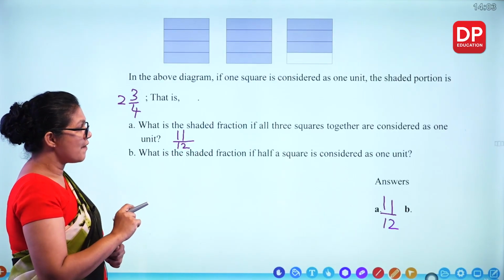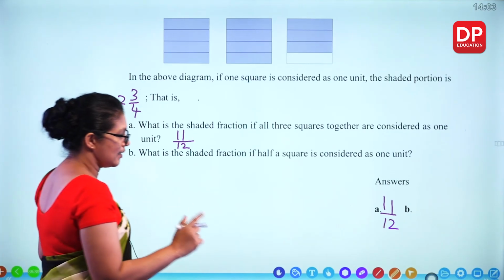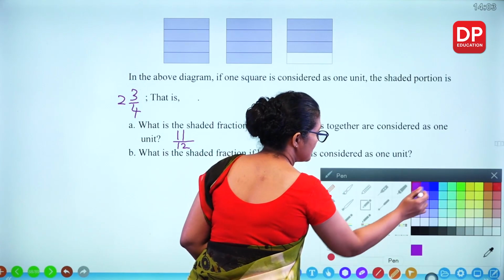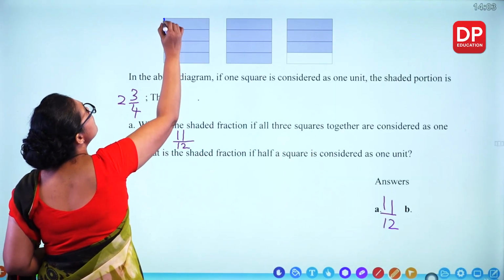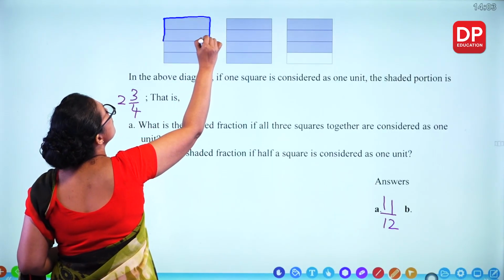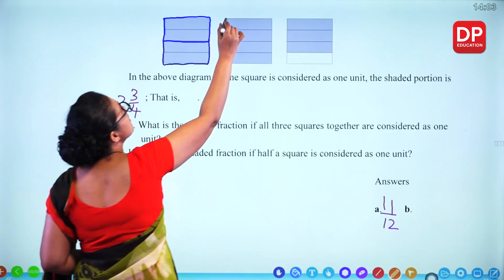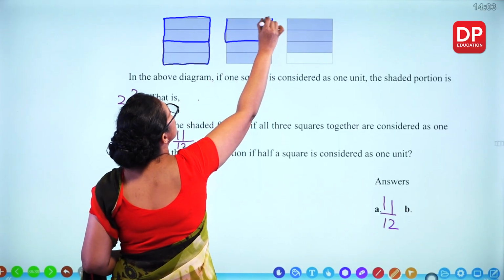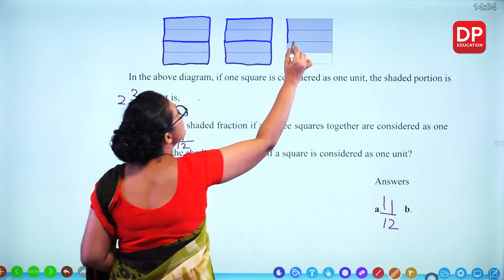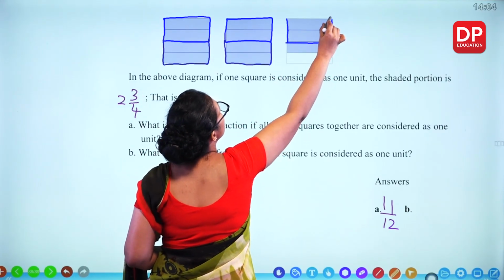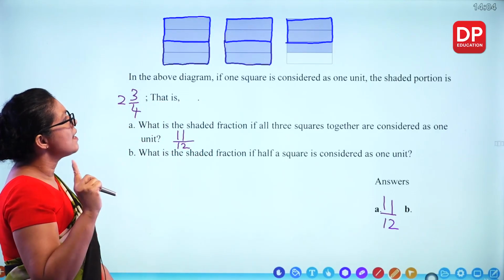What is the shaded fraction if half a square is considered as 1 unit? Then this is slightly different. Half a square is 1 unit. So you get 1 part, 2 parts, 3 parts, 4, 5, and then half from the other part.